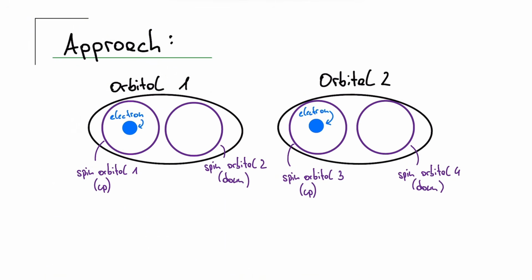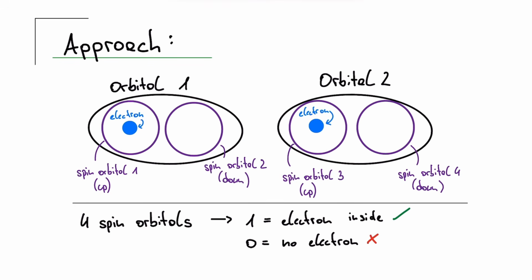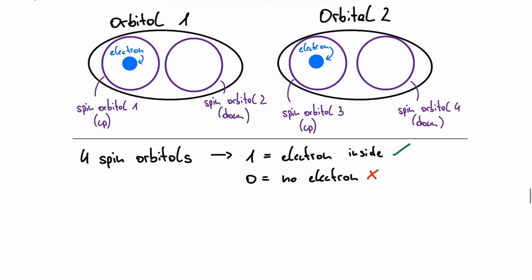To represent this on a quantum computer, we use 4 qubits, 1 for each spin orbital. Each qubit represents whether its corresponding spin orbital is occupied or empty. So if a qubit is in state 1, that means the orbital is occupied by an electron. If it's in state 0, that means the orbital is unoccupied.